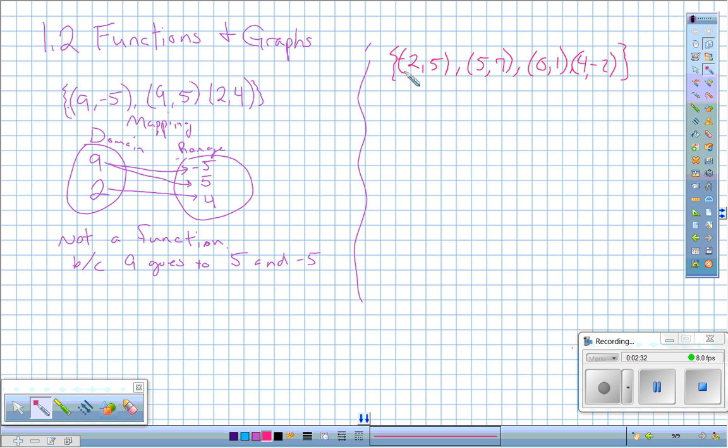So what I'm going to do is I have -2, 5, 0, and 4. Doesn't really matter what order you write them in. And then for my range, I have 5, 7, 1, and -2. So -2 goes to 5, 0 goes to 1, because I accidentally wrote them in the wrong order, and 5 goes to 7, and 4 goes to -2.